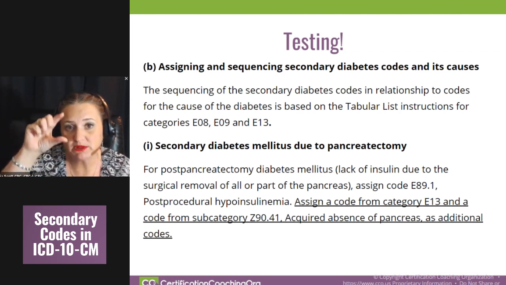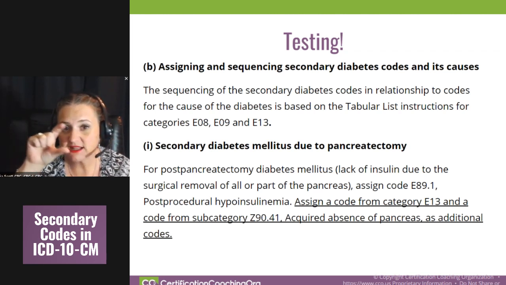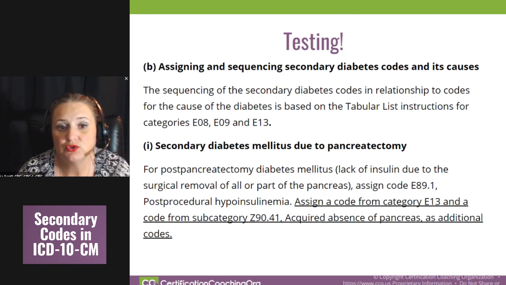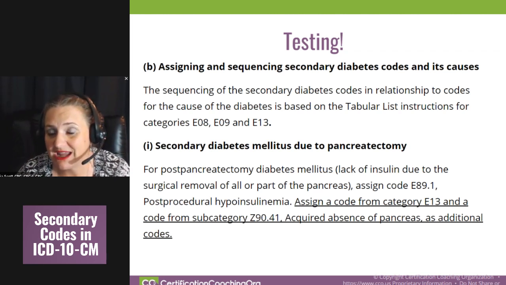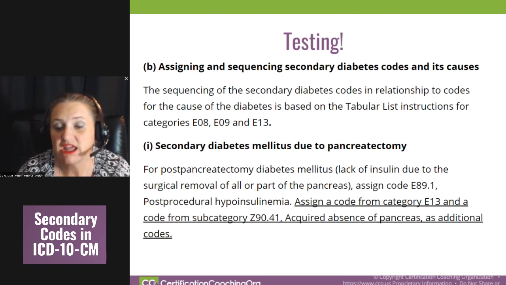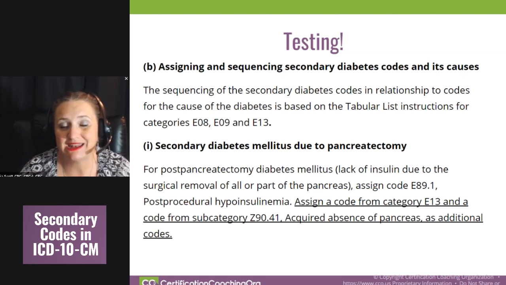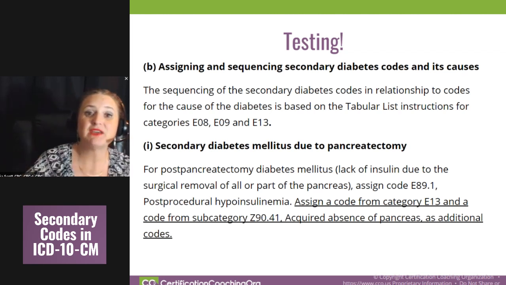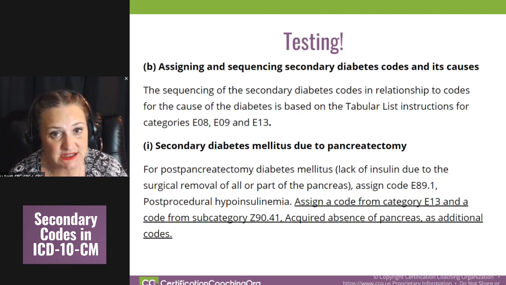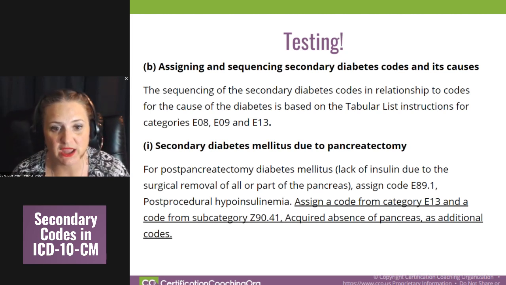E89.1 is probably going to be in that heads up around your codes for E08. It's going to say, hey, by the way, do you need to code E89.1 in addition? If you go and look at E89.1, it's going to say, don't forget to code E08.